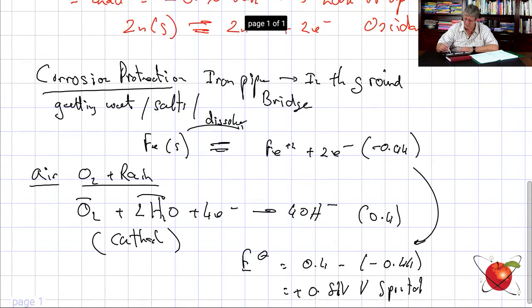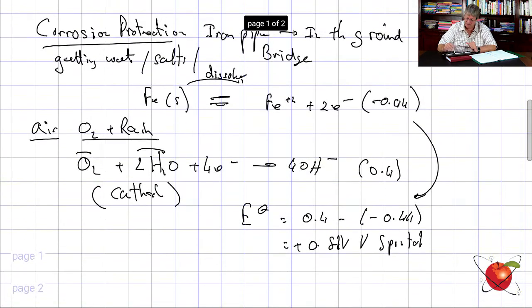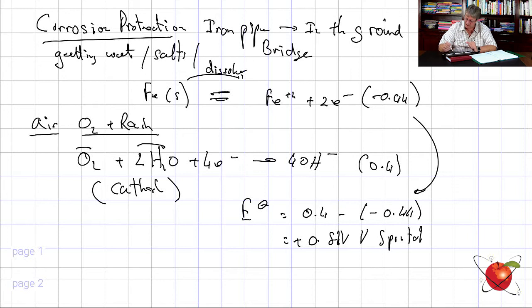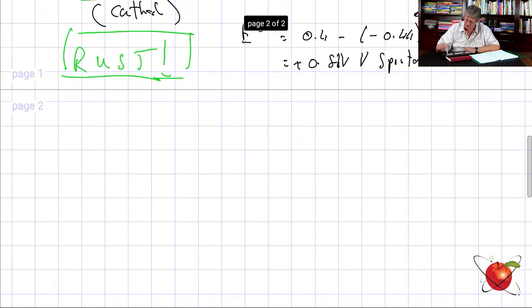It's a spontaneous reaction, which means that if we've got iron lying in the water and the air, I am going to get an electrochemical reaction between the two. It's going to spontaneously start to dissolve, and this is obviously where we get our rust happening. We want to prevent this.